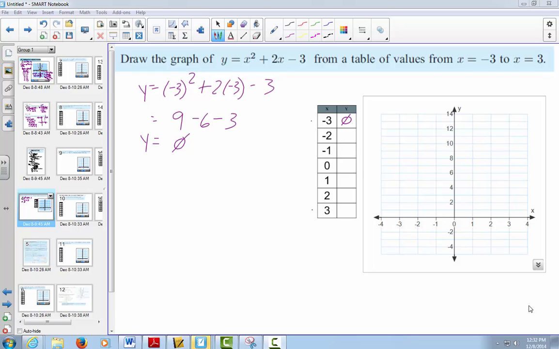That means when x is 3, we get, no, we'll hold on to that. You do the same for -2. Y equals -2 squared plus 2 times -2 minus 3, 4 minus 4 minus 3 equals -3.